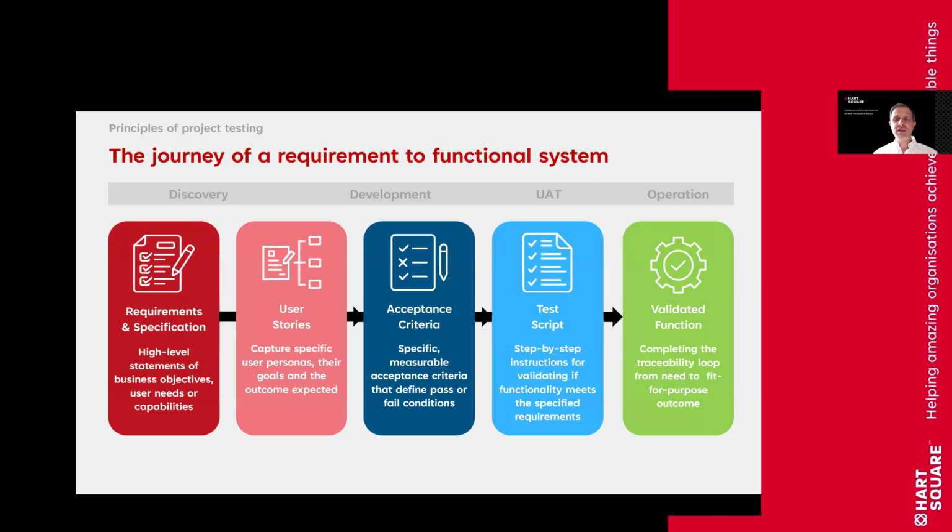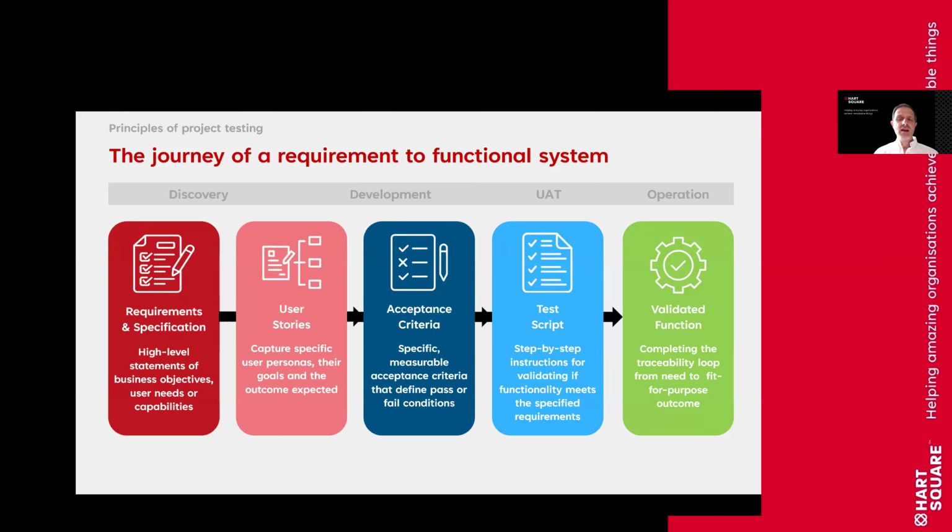In other words, completing the traceability loop that you need from a fit for purpose solution that connects everything back to those requirements. So the important thing here, and that we do see quite often, is that in the testing phase, things might change. People's expectations of what a solution might look like have evolved, or the organization's requirements have evolved.